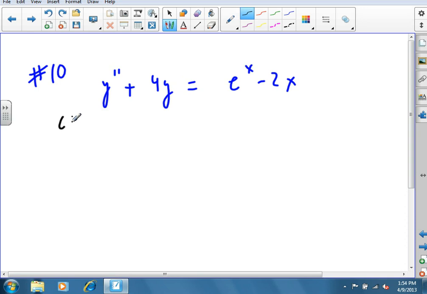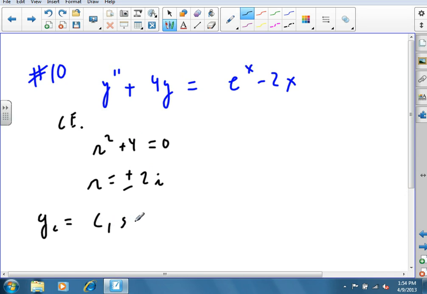Alright, so I've got a characteristic equation, and the characteristic equation is r squared plus 4 is 0. R is going to be plus or minus 2i. Y sub c is going to be c1 sine 2x plus c2 cosine 2x.